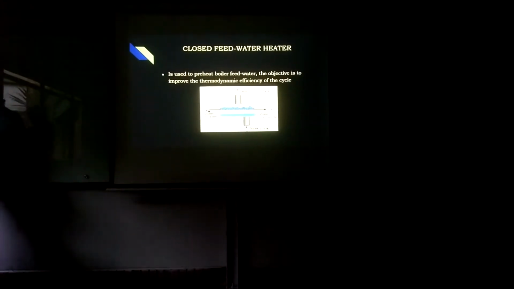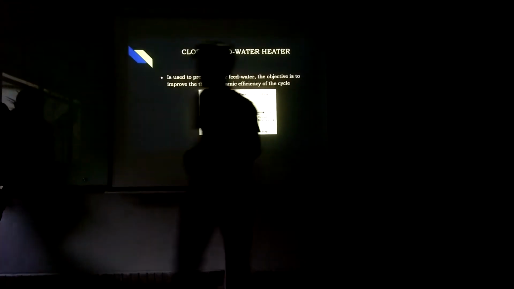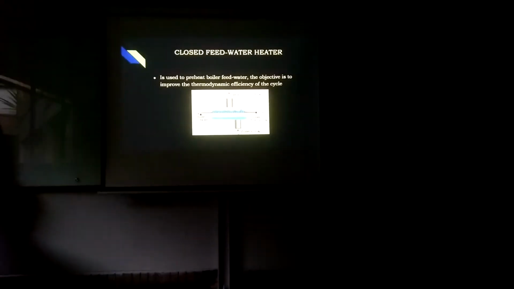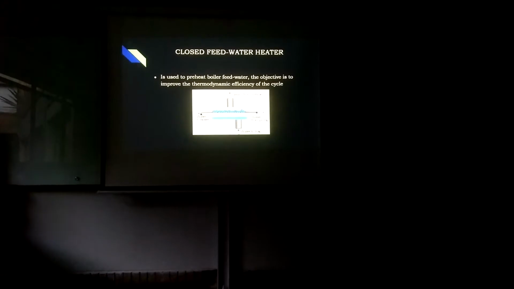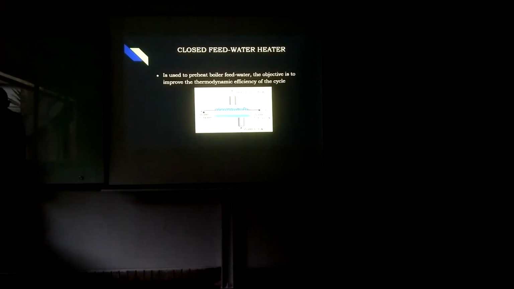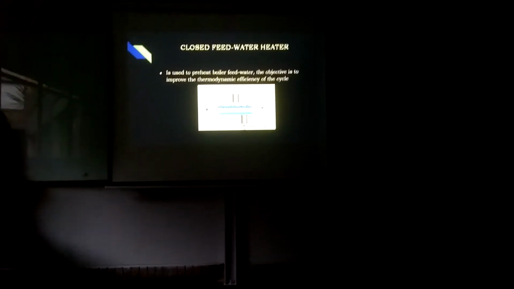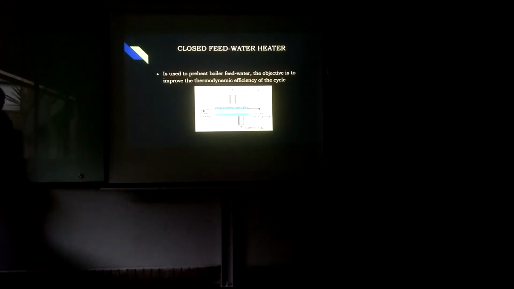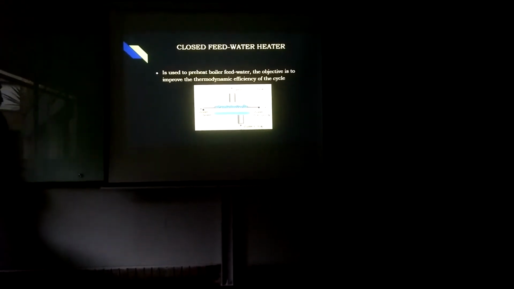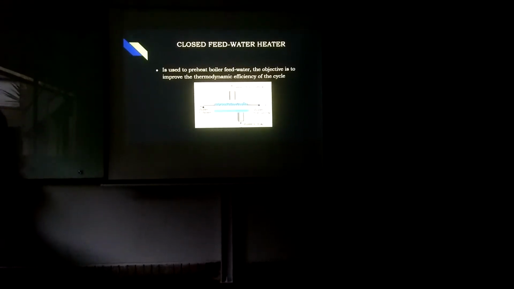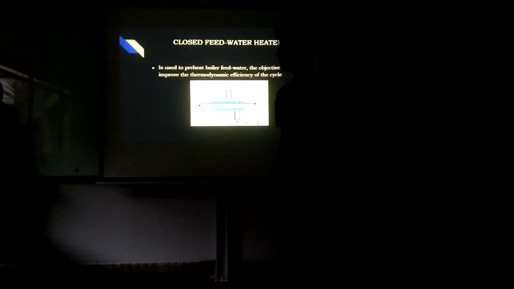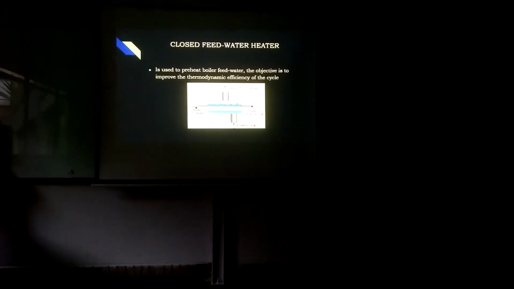Now the third part of this presentation is the closed feed water heater. A closed feed water heater is used in a conventional power plant to preheat the boiler feed water. The source of heat is a steam bleed from the turbines, and the objective of this process is to improve the thermodynamic efficiency of the cycle.